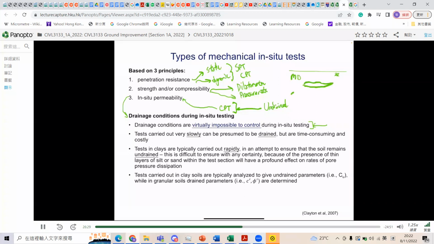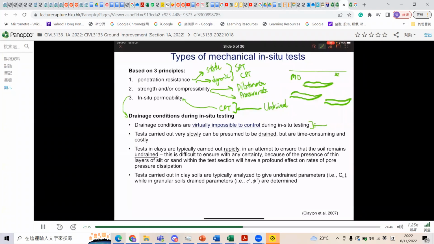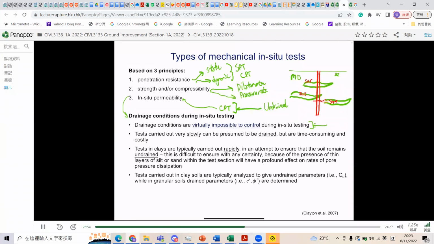You're going to get silts and clay lenses here, right? So when you try to do a CPT test through here, let's say this is silts or sand, you might hit some of these silt or sand lenses, right? And then you'll notice different pressure responses. We'll talk about this later on.